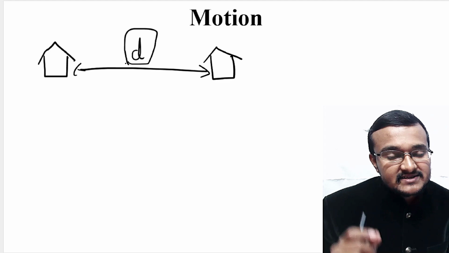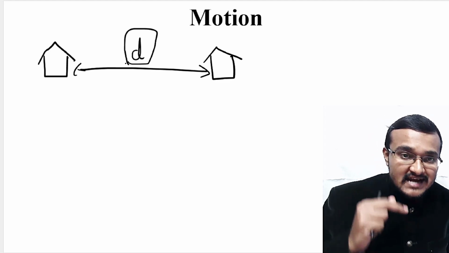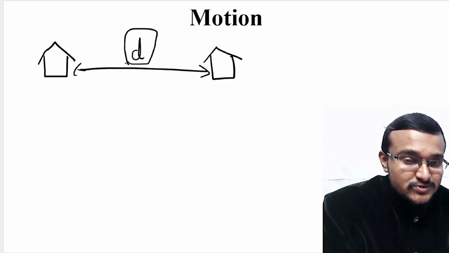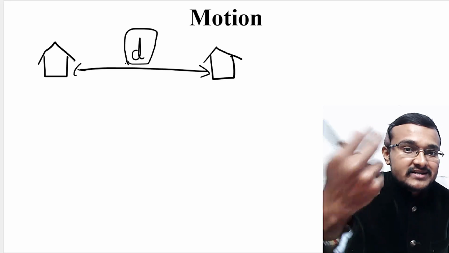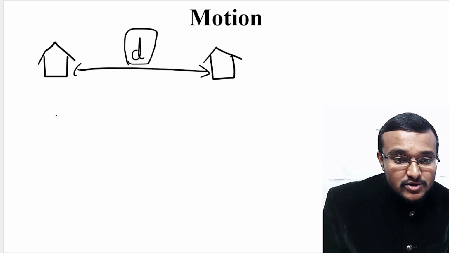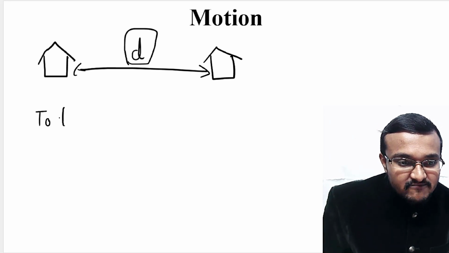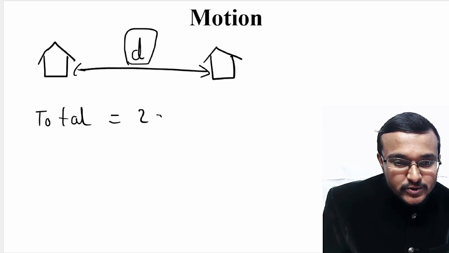Now we are calculating the average speed of Abdul starting from home, reaching school, and again from school reaching back home. So the total distance will be equal to 2d.